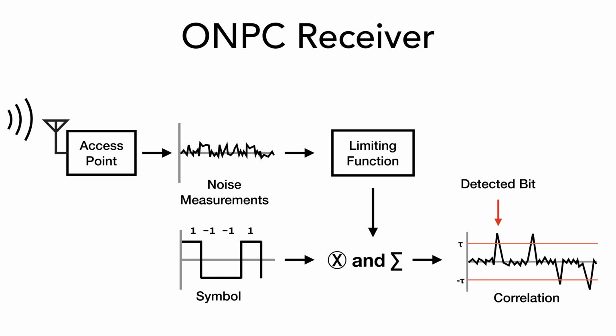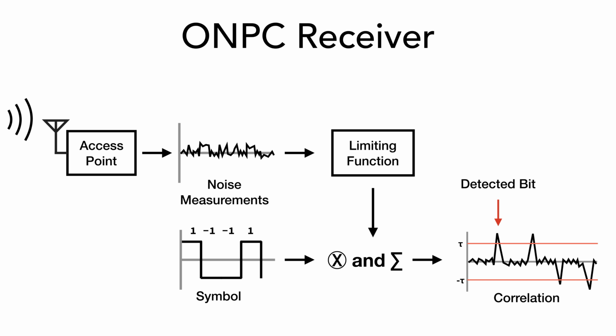And so what we do is we take these noise measurements, we run them through a limiting function, and I'll get to more of what that means later in later slides. But we take those noise measurements, we run them through a limiting function, and then we multiply those noise measurements by a symbol, the symbol we're expecting. We multiply and sum, and that gives us a correlation. And we had talked about this earlier with the DSSS, but when the symbol matches perfectly with the transmission of that symbol, then you have a really high correlation.